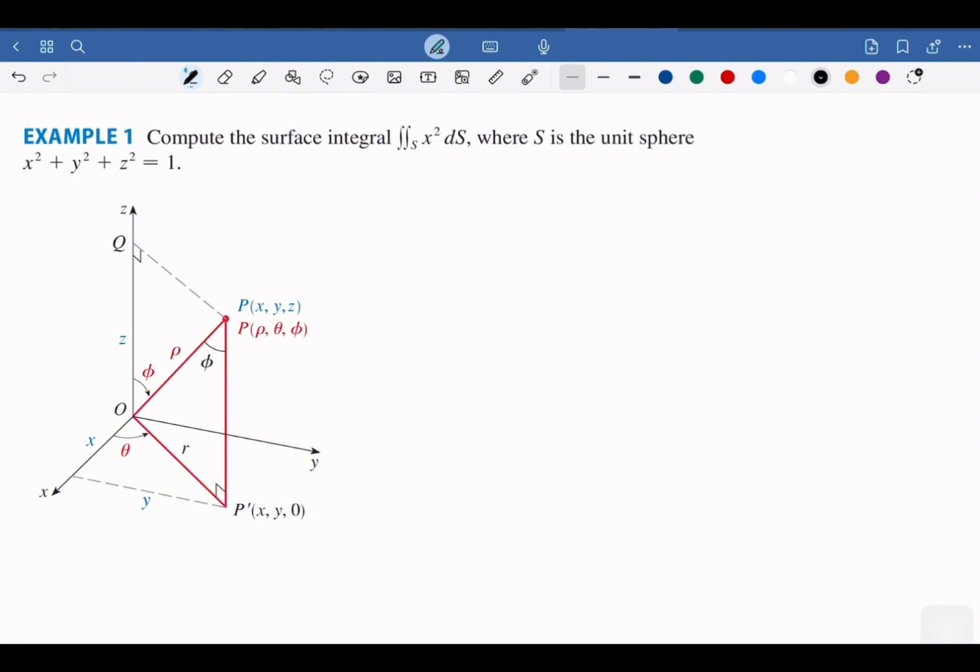I will write the final conclusion, but I hope you can trace it back by yourself, just using the triangle and taking two components, cosine and sine.